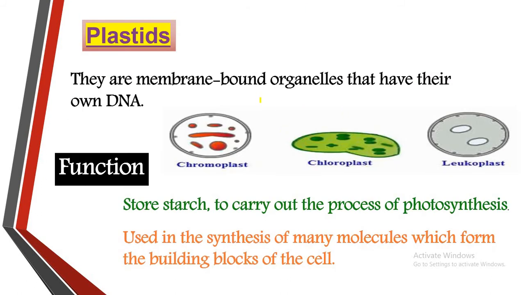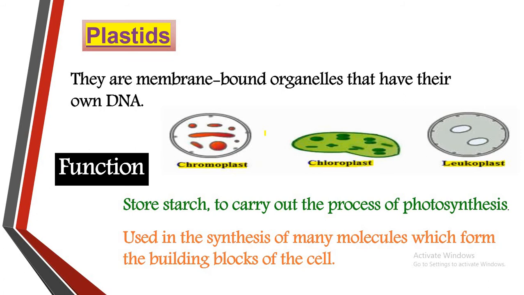Plastids also are membrane-bound organelles. They have their own DNA. There are many types of plastids: the chromoplast, the chloroplast, which you may be familiar with, and the leucoplast.